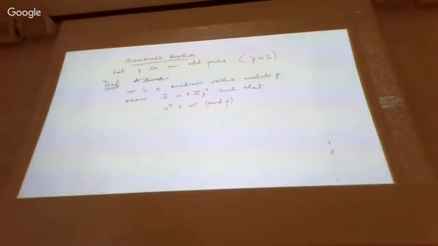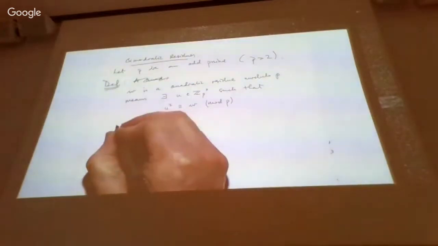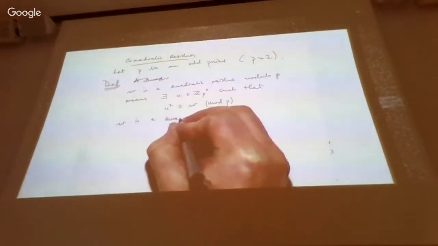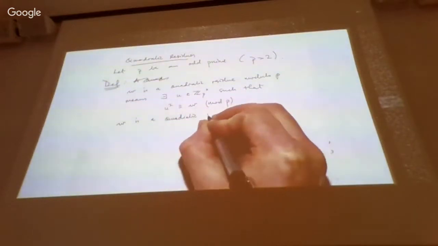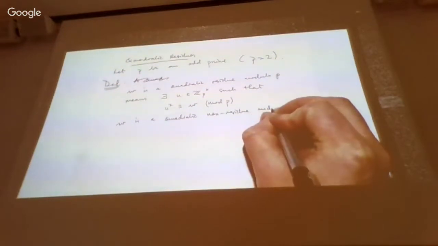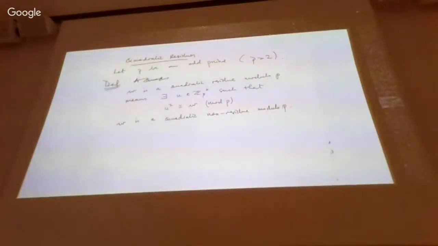W is what's left behind after dividing a square by p. And similarly, w is a quadratic non-residue modulo p. It always has to come with the suffix modulo p.